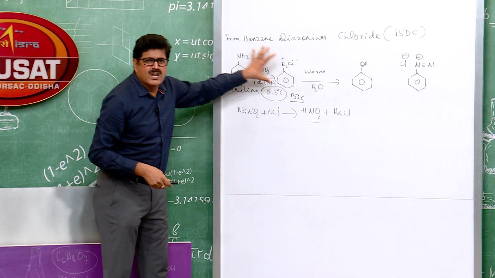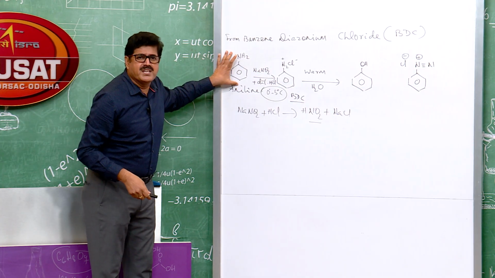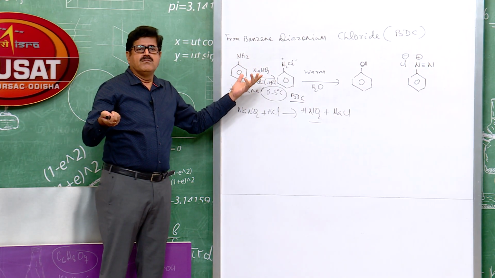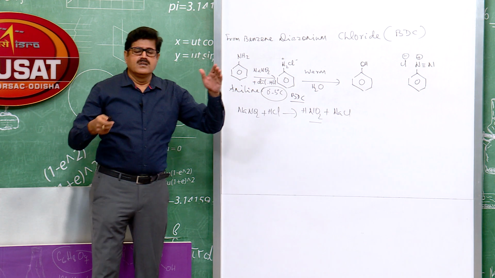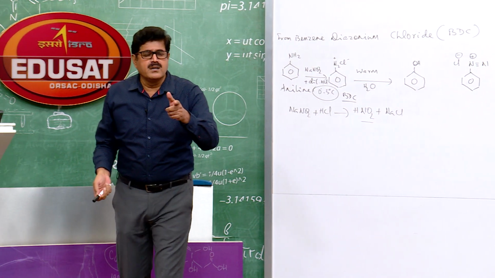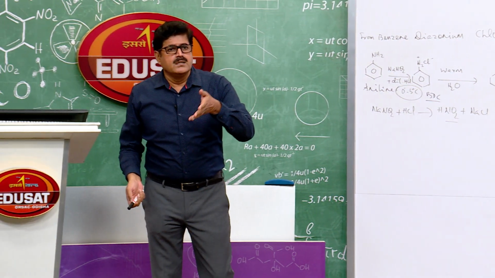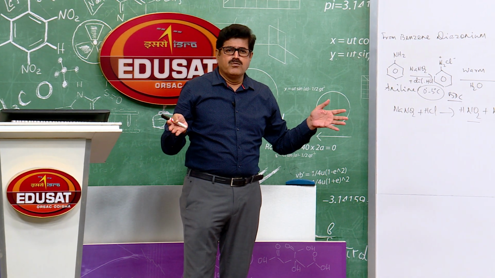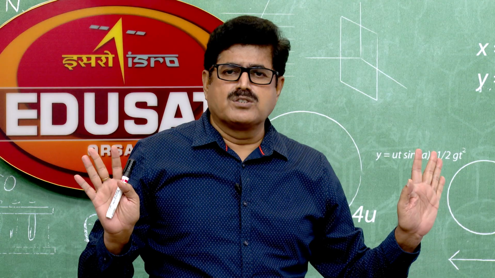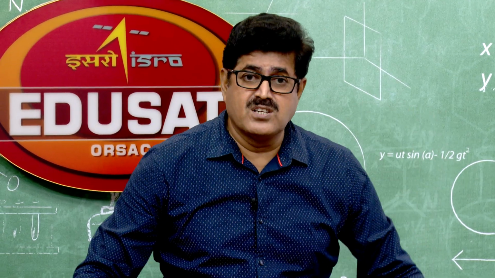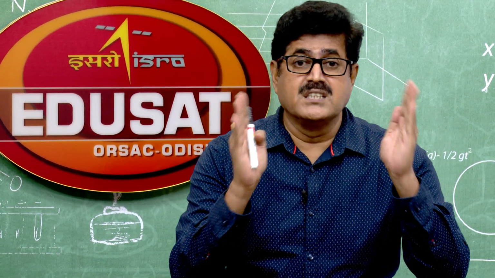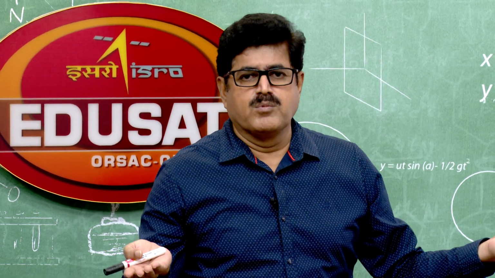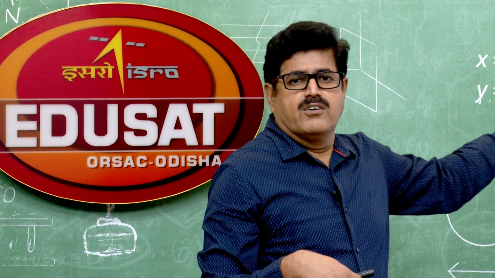So BDC from A, what is A? Aniline. Very simple. A particular reaction can be asked in 4 or 5 different ways. Any doubt, students? One more question can be asked: what is BDC? It is benzene diazonium chloride. How is it obtained? From aniline.